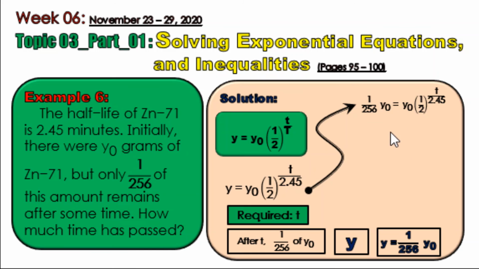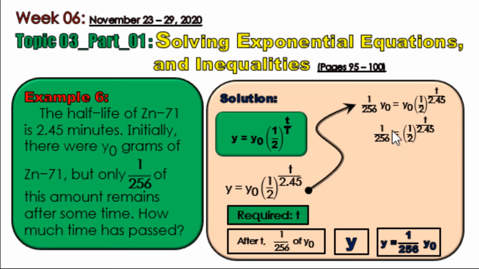So from this equation, we have y sub 0. Applying the properties of equation, we can divide both sides of the equation by y sub 0 so that we can eliminate the y sub 0. So eliminating y sub 0, this is our exponential equation.